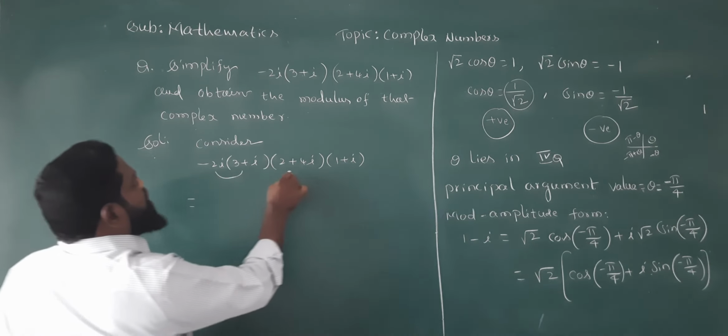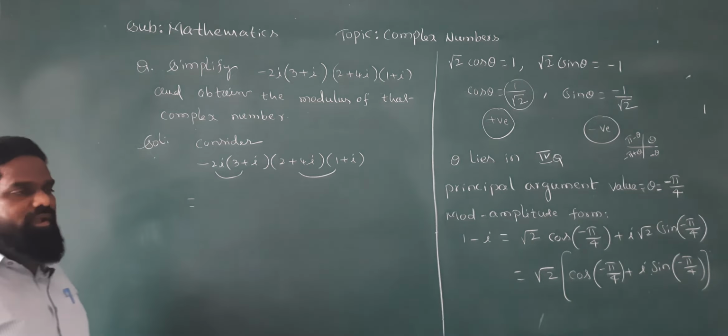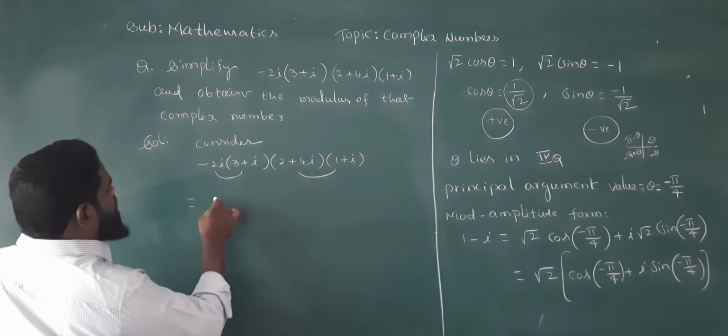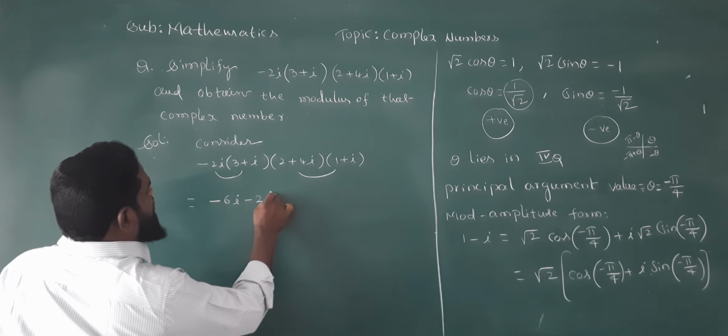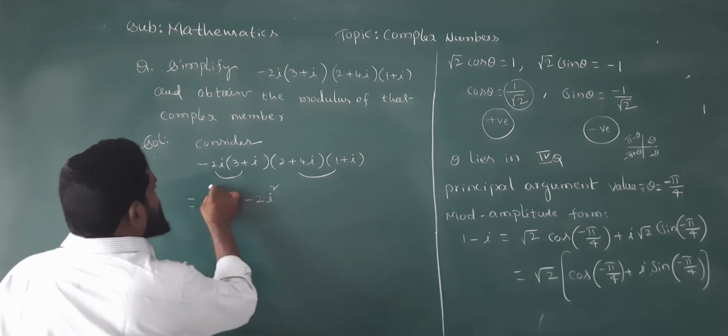Open the first two brackets and the second two brackets. Minus 2i into 3 is minus 6i, minus 2 into i square.